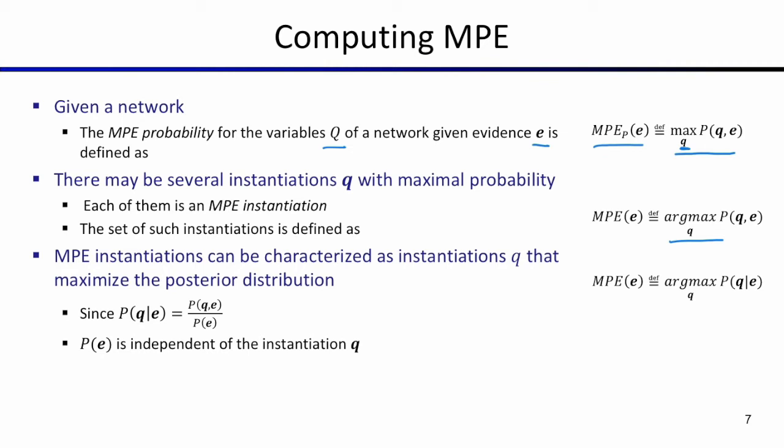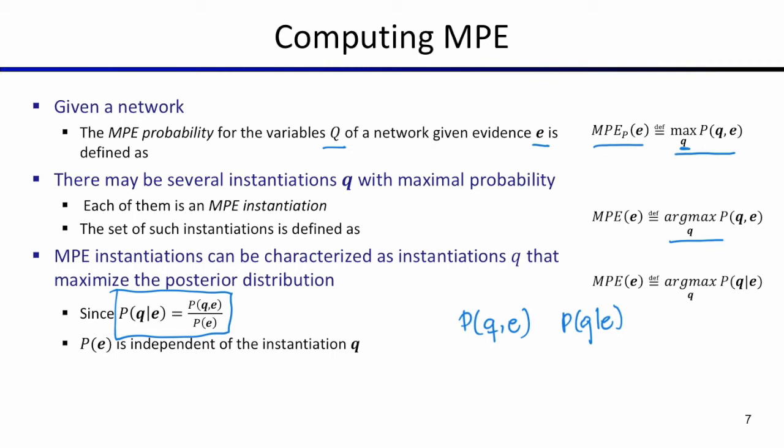Notice that we are talking about this probability of Q and E, and not the probability of Q given E. That is basically the same thing, because we have this result here, that the probability of Q given E is the probability of Q and E divided by the probability of E. So what we are talking about is that it's basically going to be a normalization step.